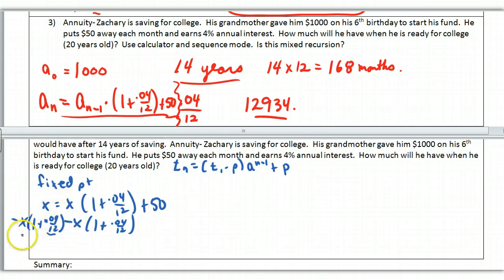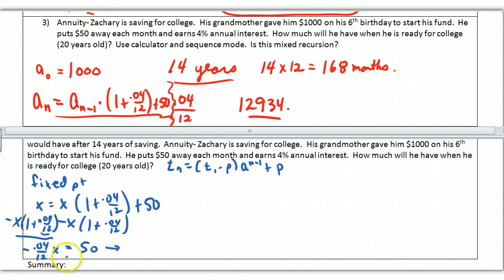So over on this side, I'm going to have this negative 1x cancel out. However, I have negative 0.04 divided by 12 x left. So when I subtract this, I get negative 0.04 over 12 times x. That's what happens on this side. On this side, this cancels out, and I'm left with this equal to 50.